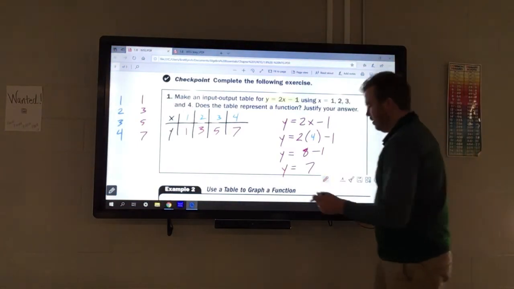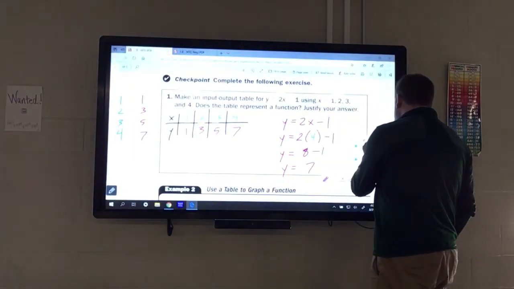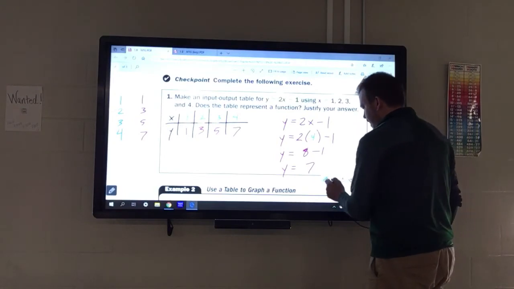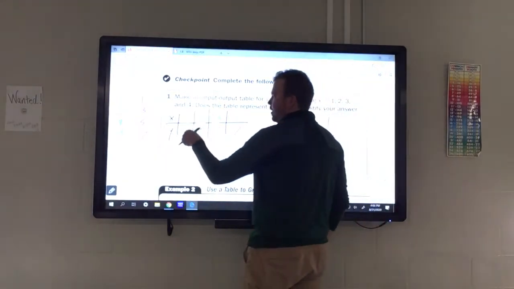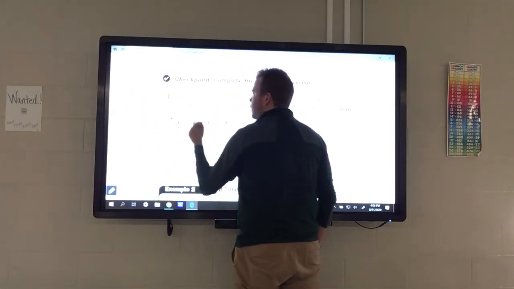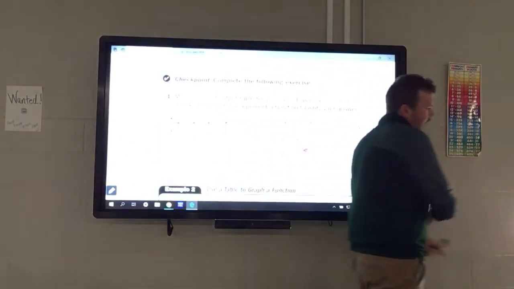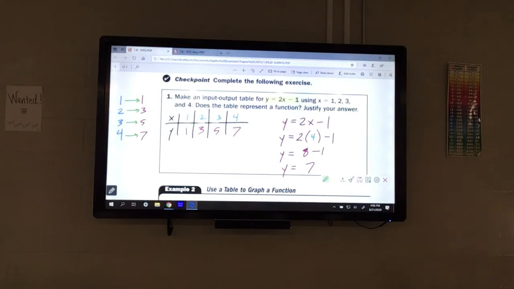So looking at our table, 1 goes with 1, 2 goes with 3, 3 goes with 5, and 4 goes with 7. And as you can see, every input, okay, so all those light blue values, every input only has 1 green arrow coming off of it, meaning every input has exactly 1 output, which means it's a function.